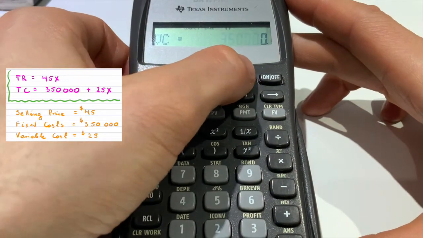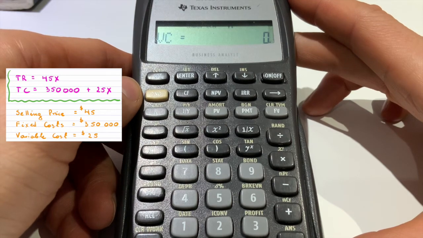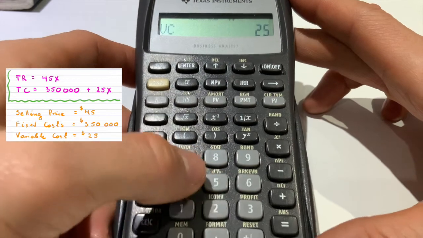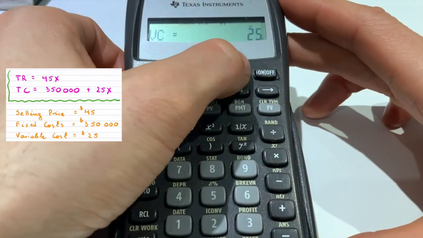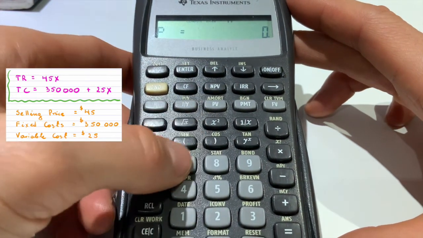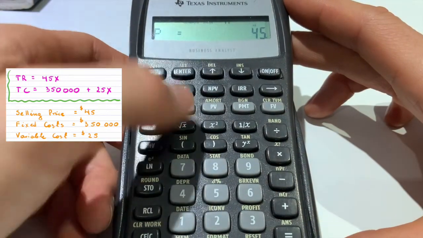Now we go down. Our variable cost was $25, so we enter that and hit enter so it registers. We bring it down. Our selling price was $45, so we enter 45 and hit enter.